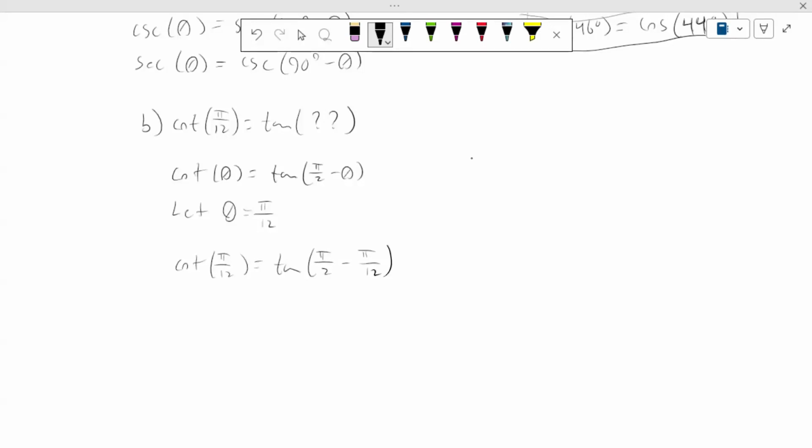And we still need to simplify that. Pi over 2 is the same thing as 6 pi over 12, minus pi over 12 gives us 5 pi over 12, getting common denominators. So cotangent of pi over 12 is equal to tangent of 5 pi over 12. So there's our cofunction identity.